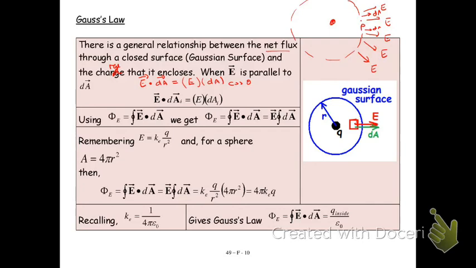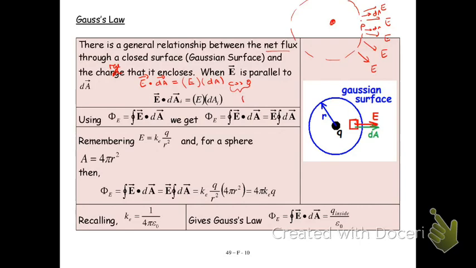If I make E parallel to dA, that makes cosine of 0, which is 1. So by making these parallel, I can get rid of the angular effect. It's not different for different bits of the Gaussian surface. It's always equal to 1 for this surface.